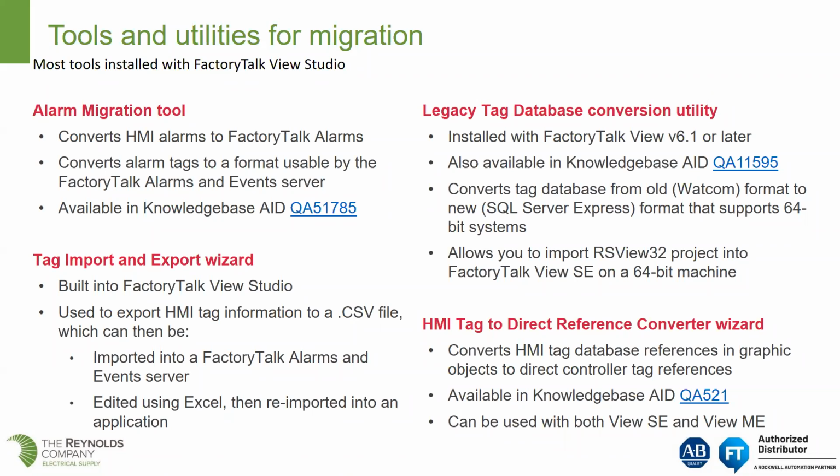It will take the HMI tags out of RSView and import them into FactoryTalk View Studio. Legacy tag database utility. This is one of those utilities that was integrated into FactoryTalk View Studio. And then there's the HMI tag to direct reference converter wizard.